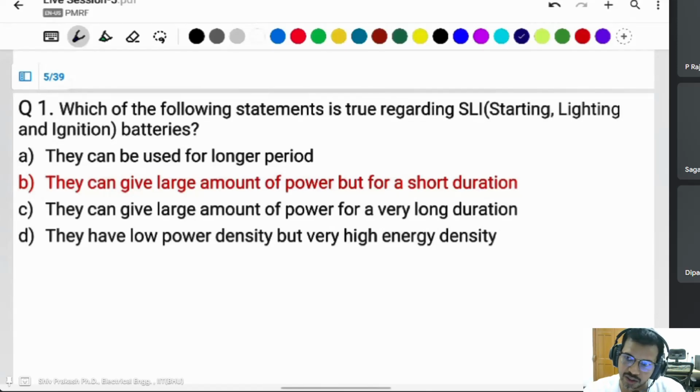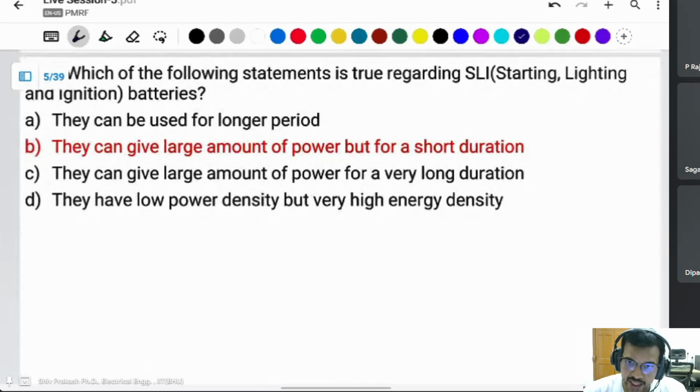When you push the switch to start the vehicle, at that moment it takes a large current. That battery is known as the SLI battery, which gives a high current in a short duration of time.